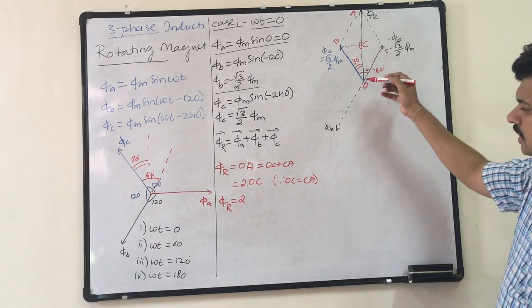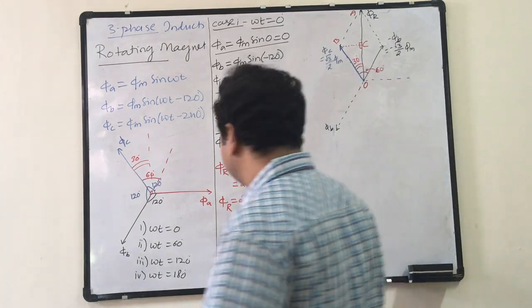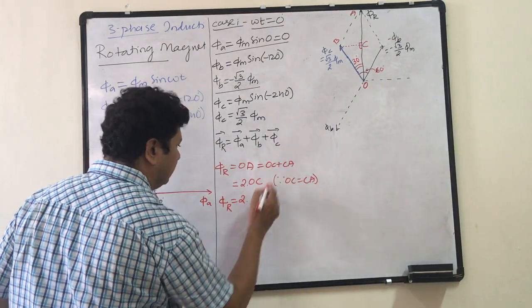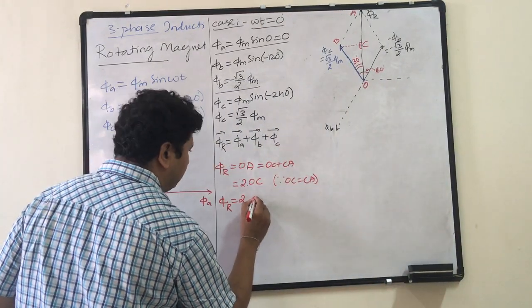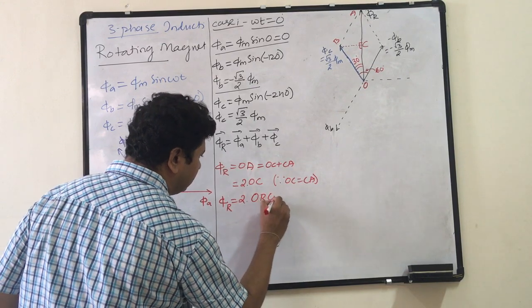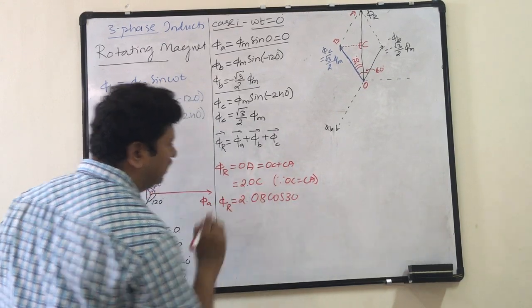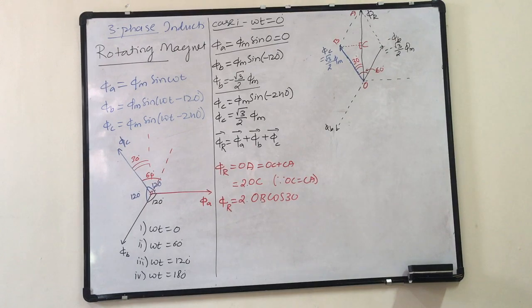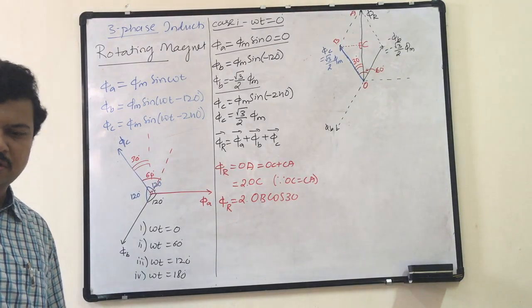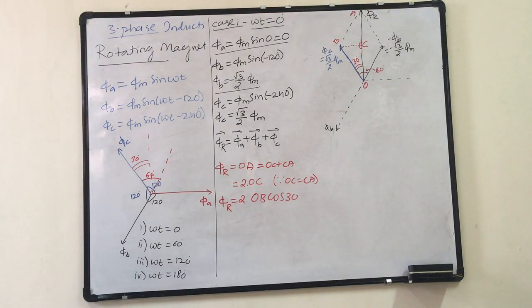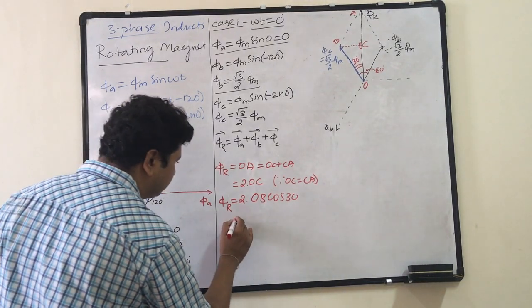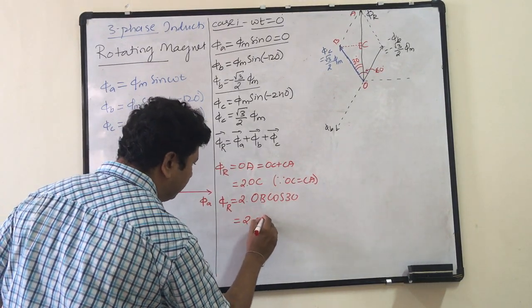So I want OC. I can very conveniently write OC is equal to OB into cos 30, because if I want the base side, then I will be using the function cos. So phi R is 2 into OB cos 30.